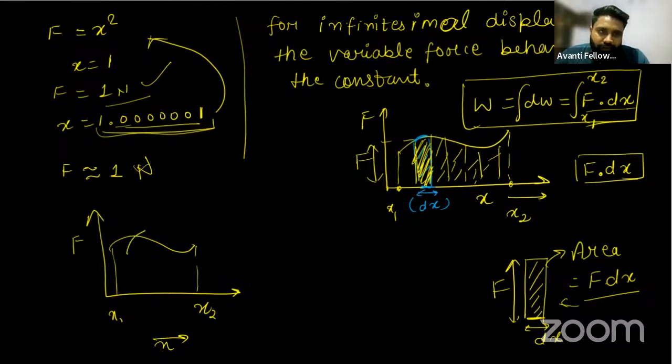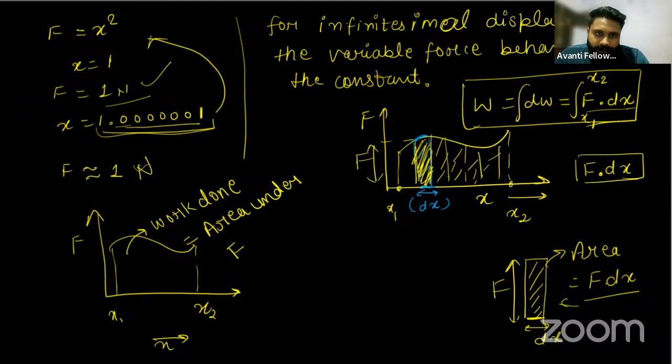So work done here is nothing but the area under the f of x curve. Got it? Okay. So this is the information that I had to convey to you. Now we will head on to the questions and see them one by one.